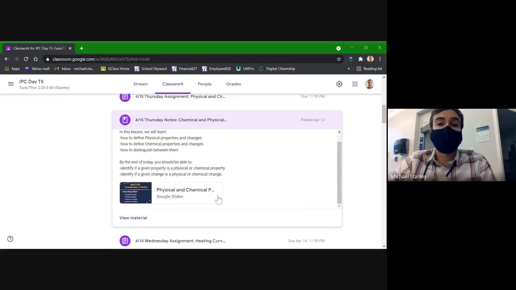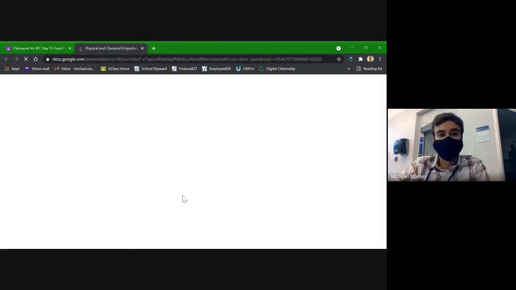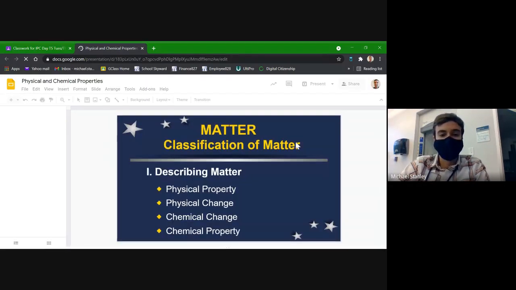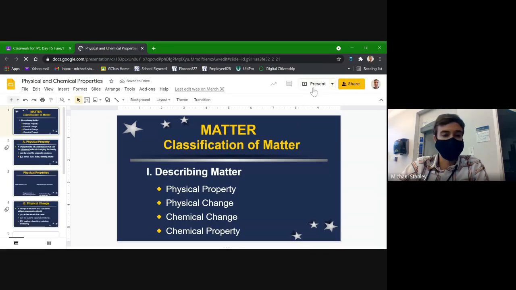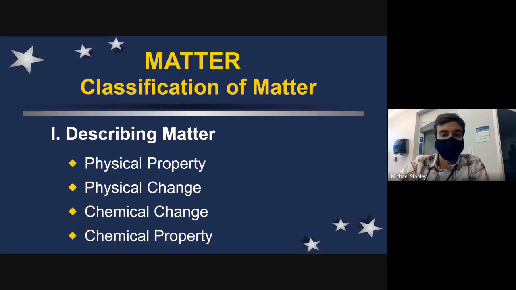Essentially, it's the different ways that we can describe matter and how we can change the type of matter that we are dealing with. All right.